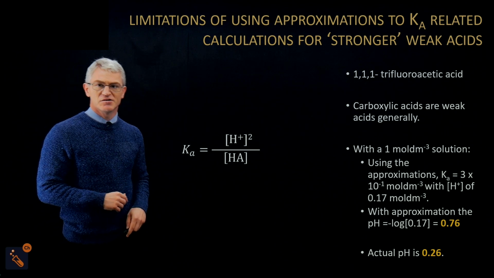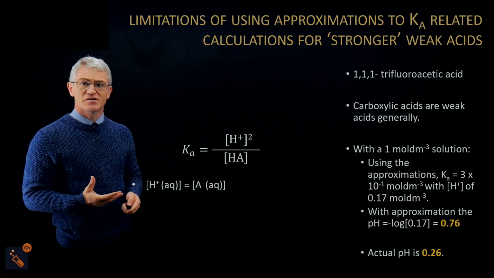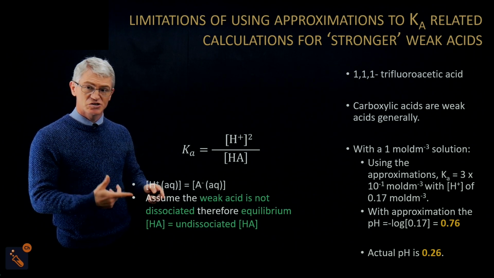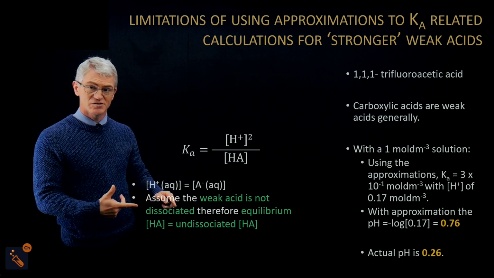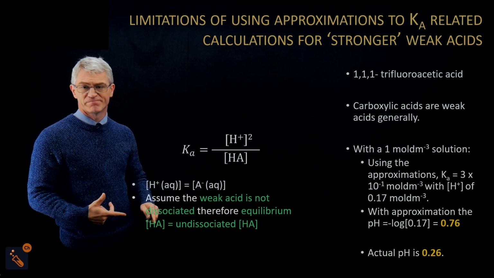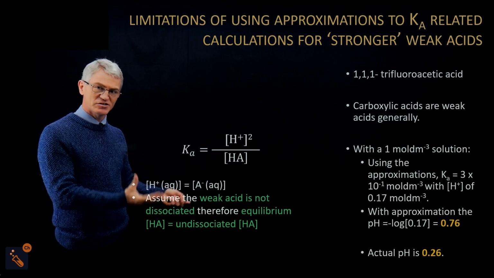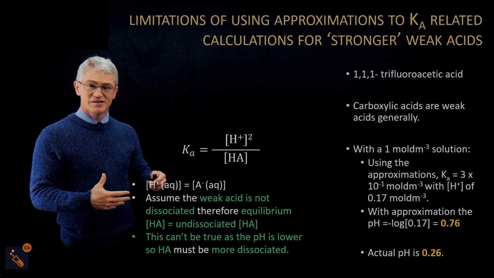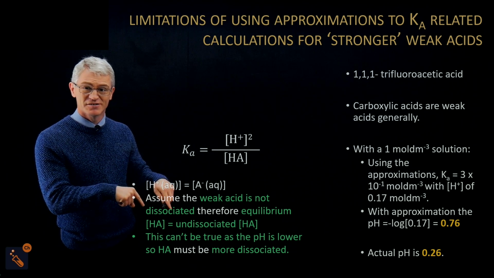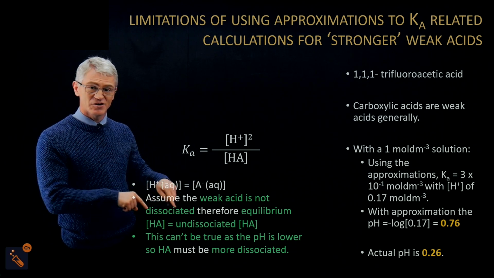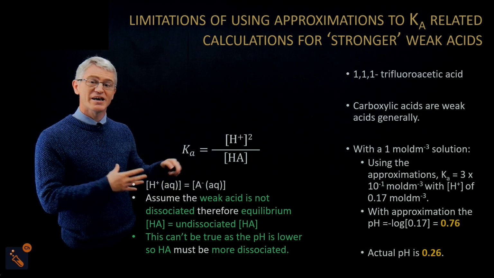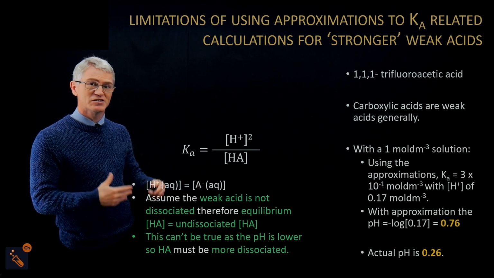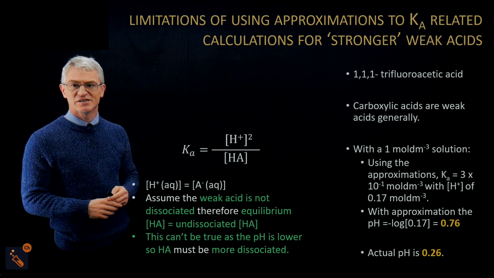So remember those approximations: you assume that the weak acid is not dissociated, therefore that equals that. So if a question asks why does this not work, it's because this can't be true. As the pH is lower, more HA must have dissociated, or in this case, 1,1,1-trifluoroacetic acid.